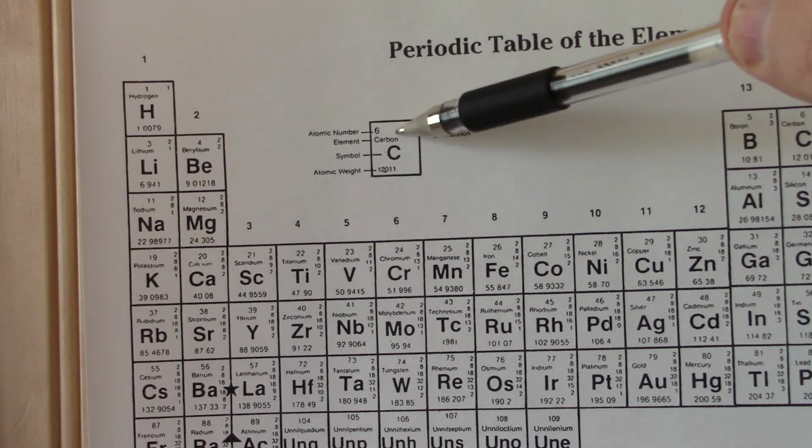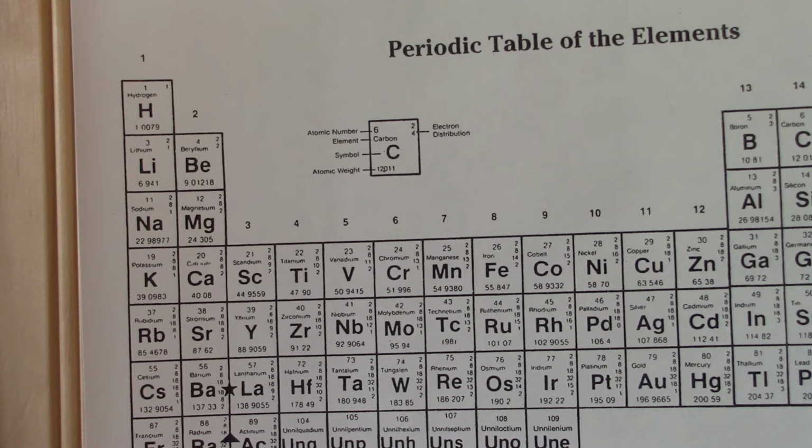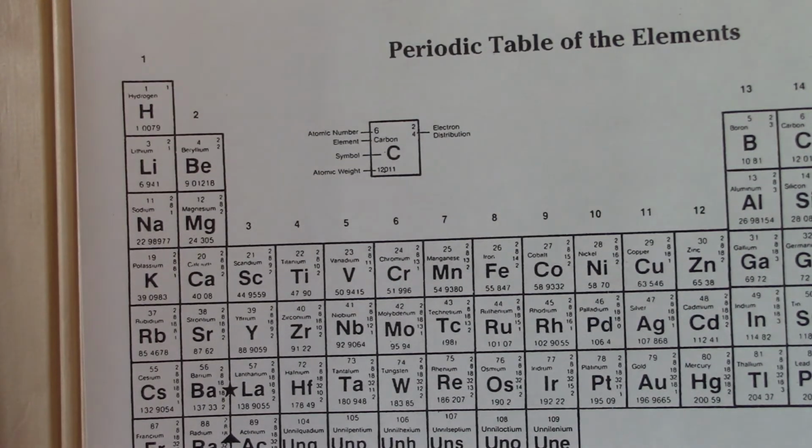Or if I tell you the name is carbon, you should be able to figure that out. From that, all you need to do is find the chemical symbol. That's pretty easy. It's C for carbon. And the number of valence electrons. Okay, electron distribution, there are 2 in the first energy level and 4 valence electrons. And you need to be able to do that for any of these atoms, which is really, really simple.